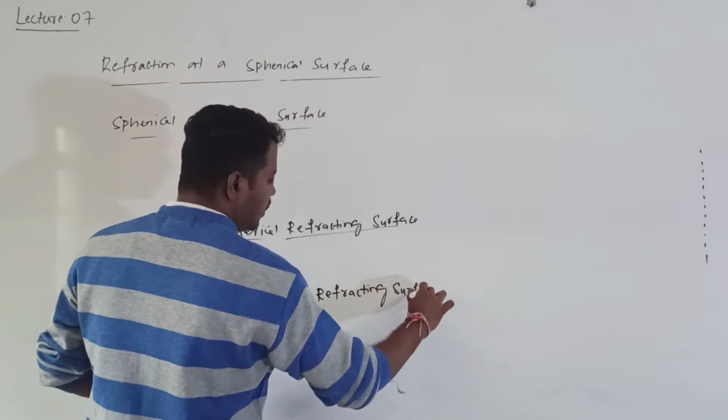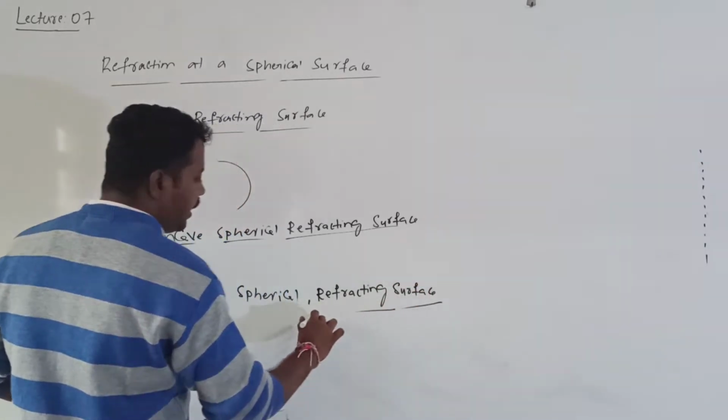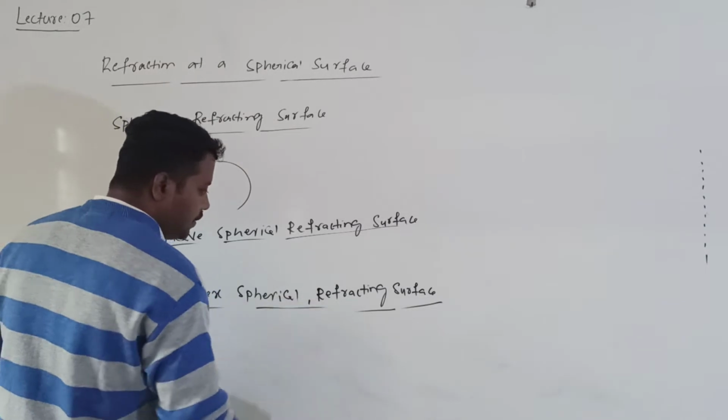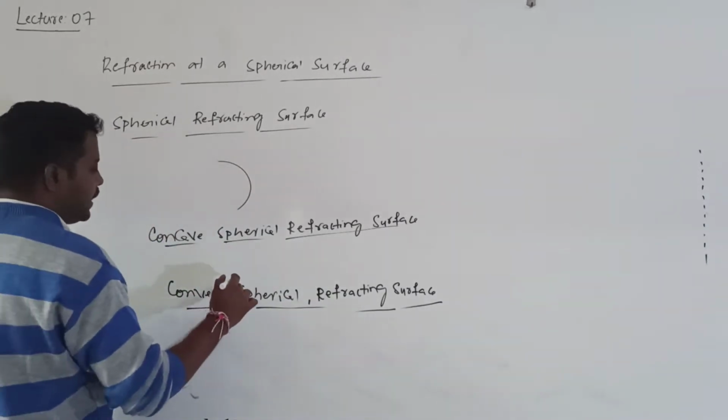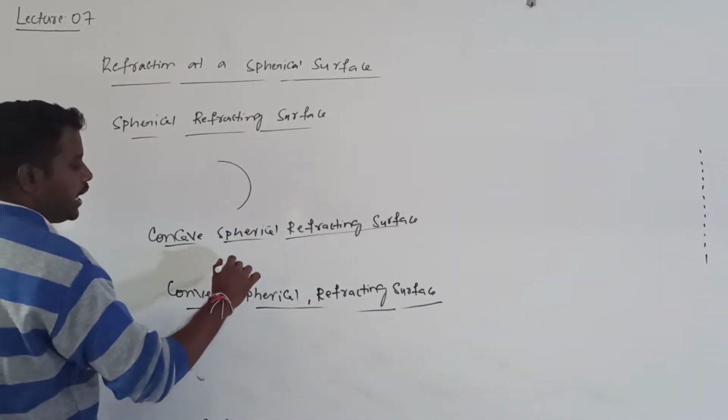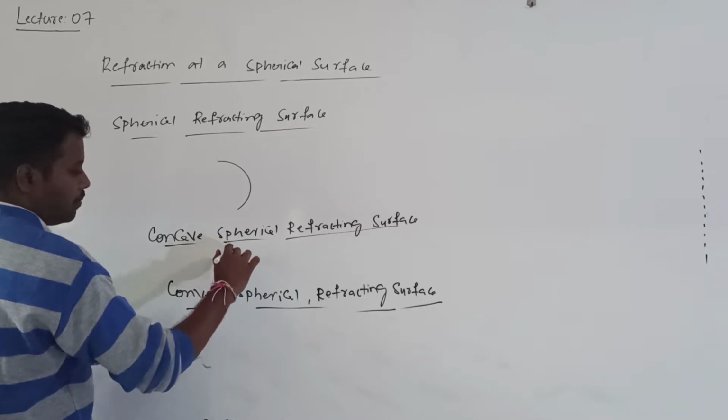Okay? What is a concave spherical refracting surface? A refracting surface which is concave towards the rarer medium.